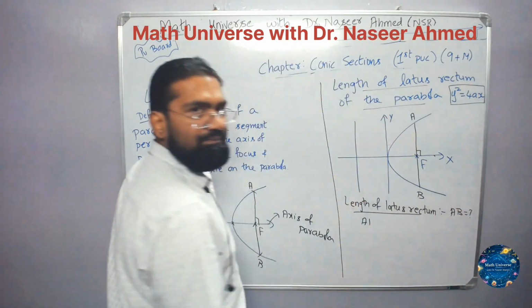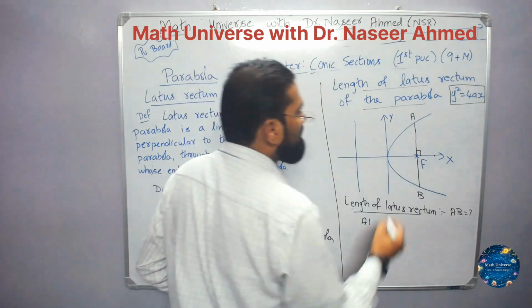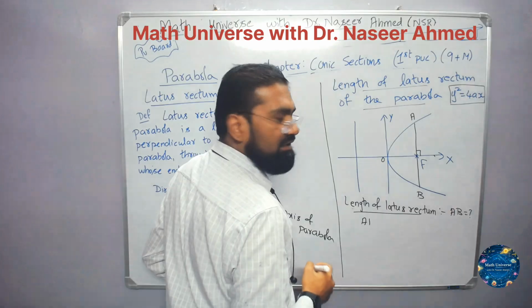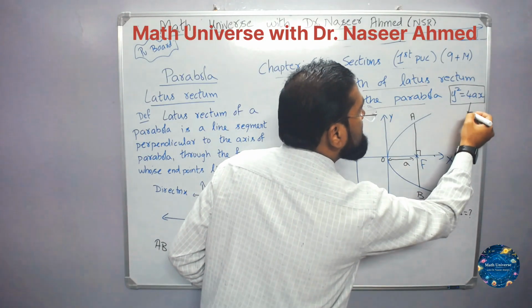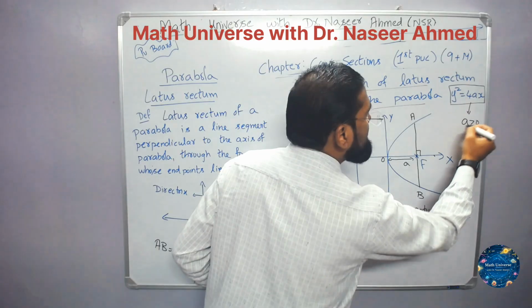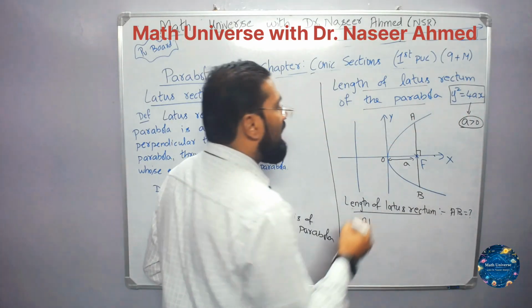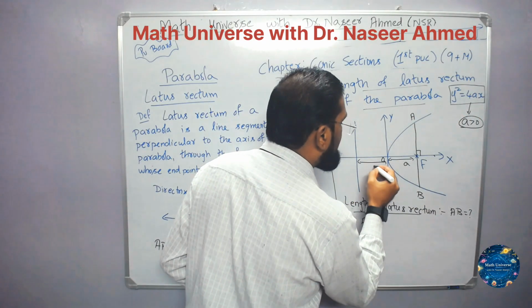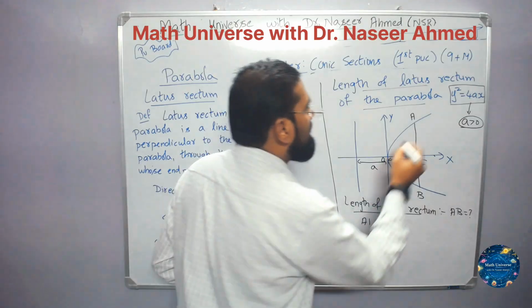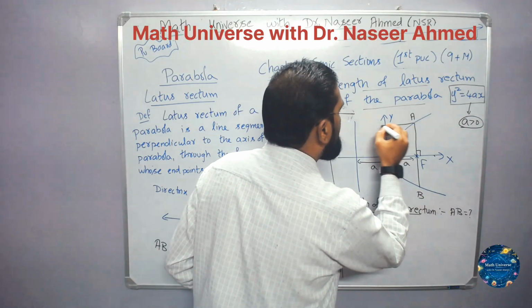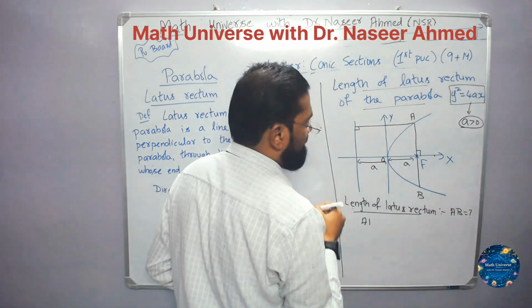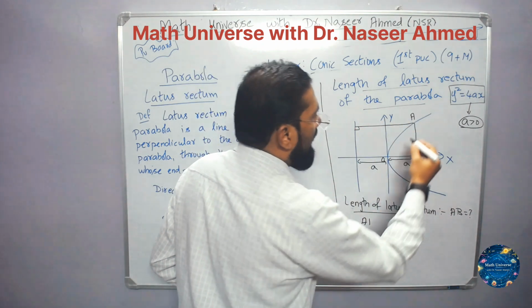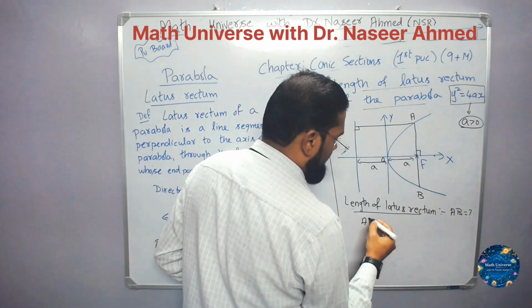Now see the geometry carefully. Here is the origin. As we know, the distance from here to here is a, and this a is always positive. Mind it. Again from here to here the distance is a, and from point A we can drop a foot on the directrix. Now I want to know this entire length AB.